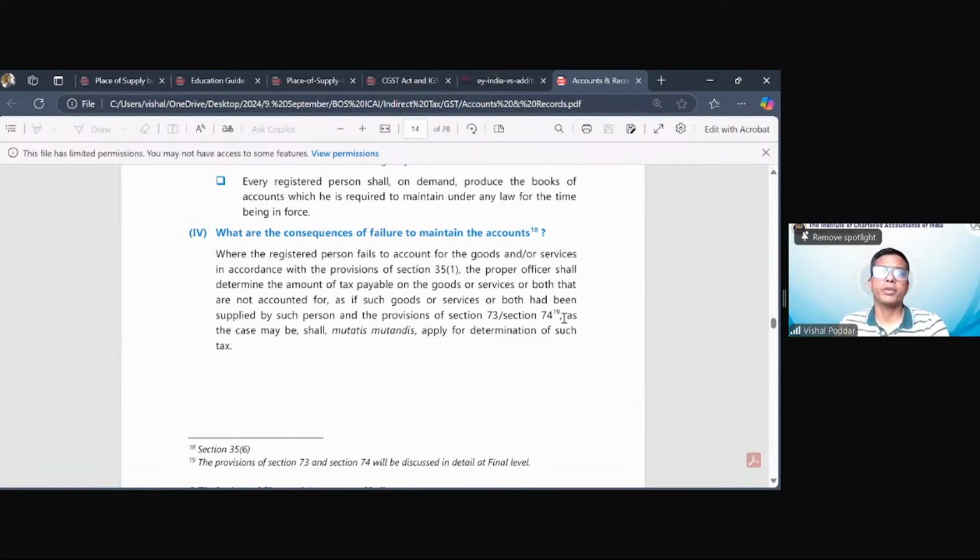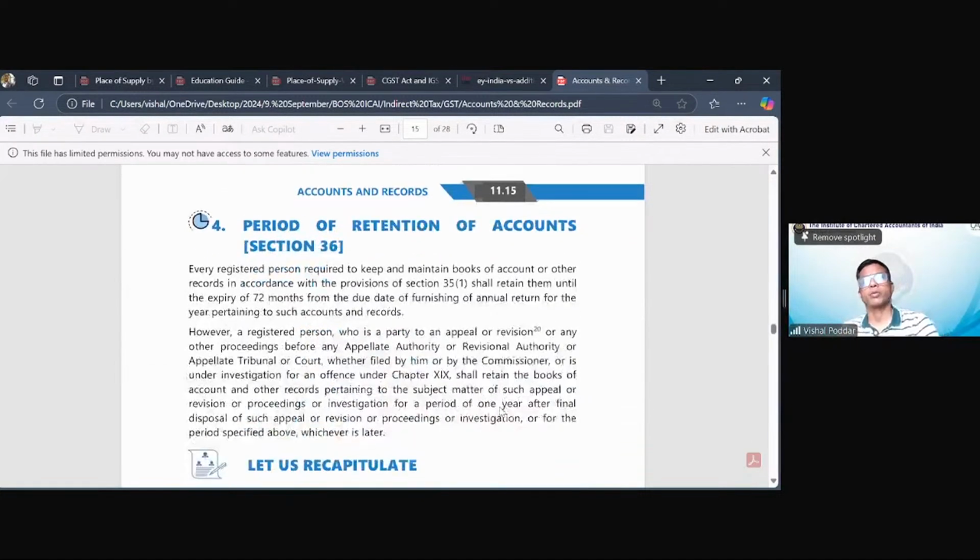And the provisions of 73, 74, as the case may be, shall mutatis mutandis apply. So where you have not maintained proper accounts, and the proper officer comes to know about any of your supplies which you have not recorded, he will proceed with determining the tax liability. For this, the action will be taken by him under 73, 74, which is the provision for issuing the notice.